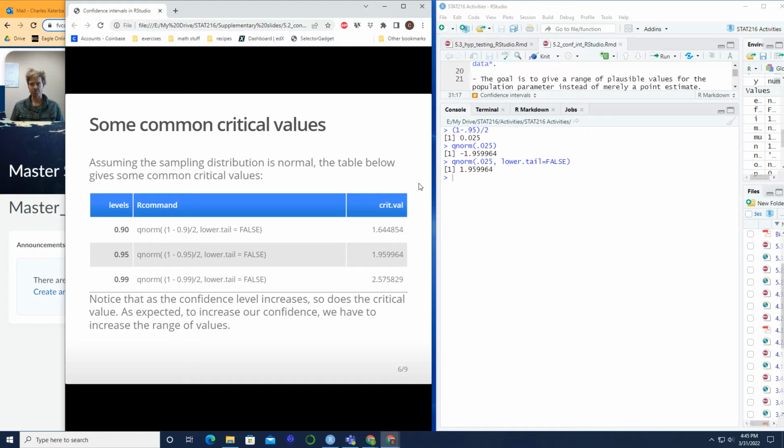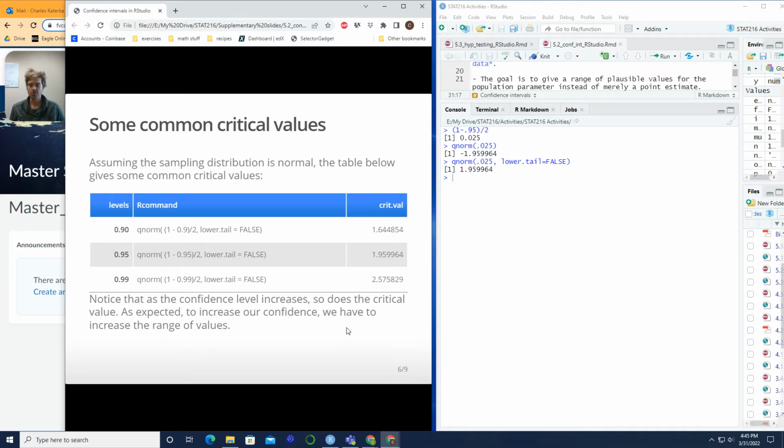In Chapter 7, we'll deal with some distributions that are not normal, and the critical values will change because we're not dealing with a normal distribution. But if you want to calculate a 90% confidence interval, your critical value is about 1.645. For 95%, it's about 1.96, and for 99%, it's about 2.56, roughly.